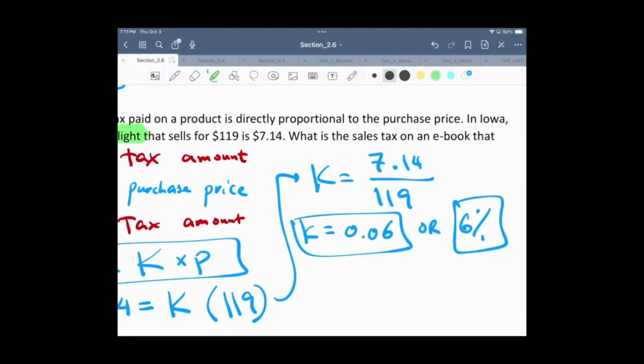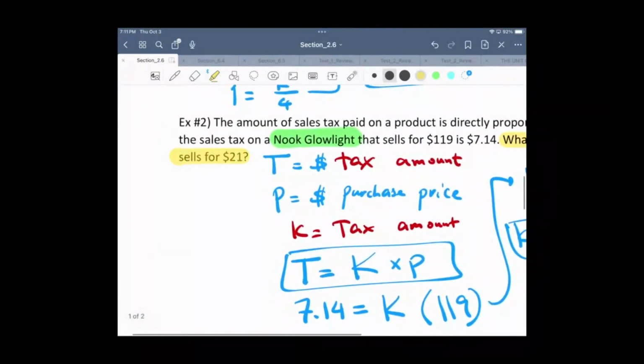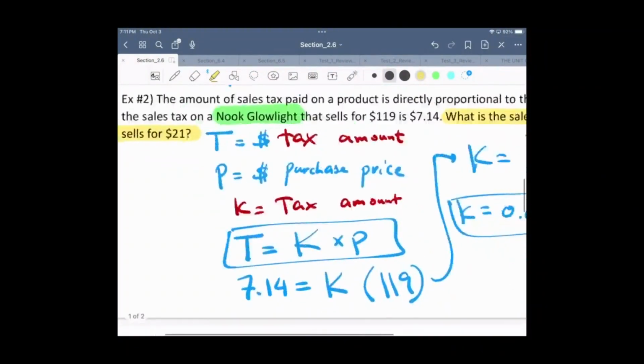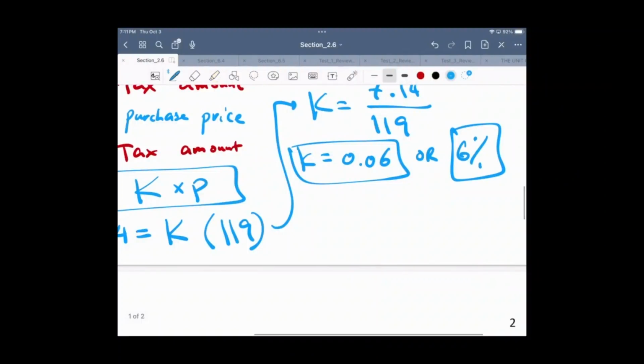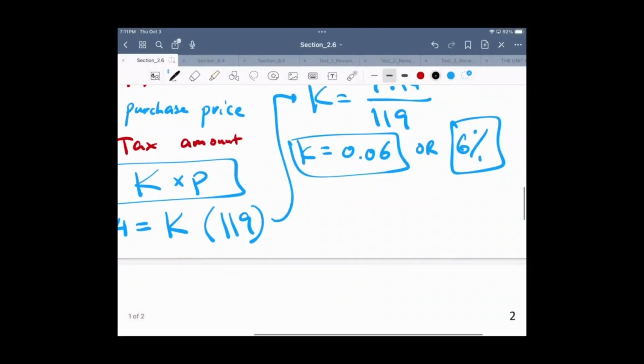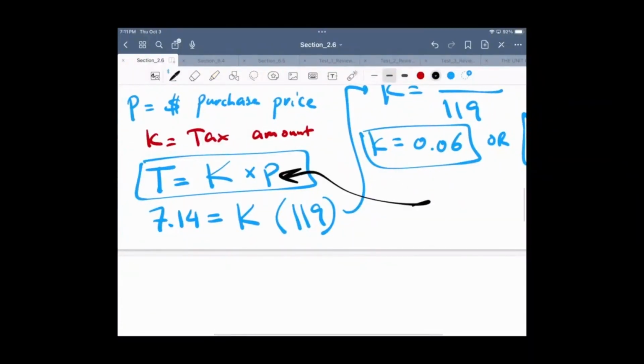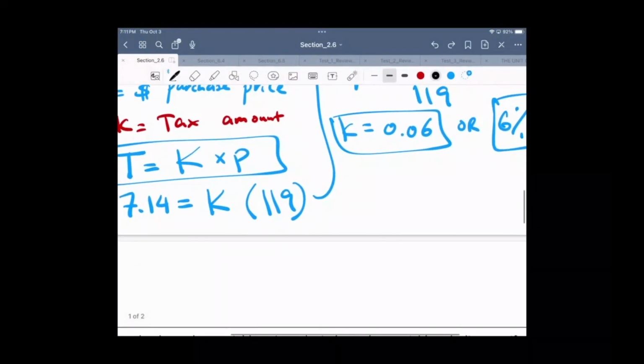And I'm reading from here. What is the sales tax on an ebook that sells for $21? Right? So we come back here, and we know that this price is now $21. K is 6% or 0.06.